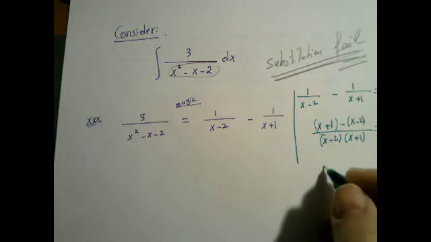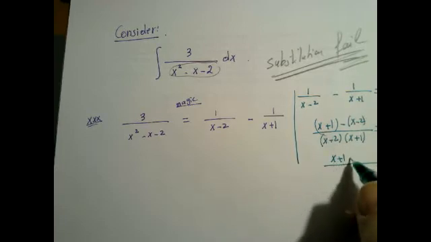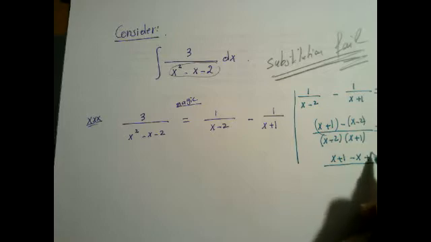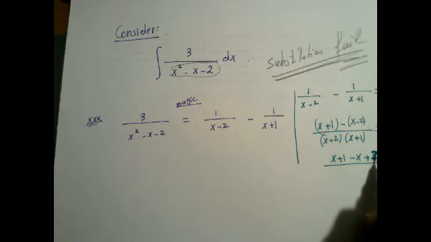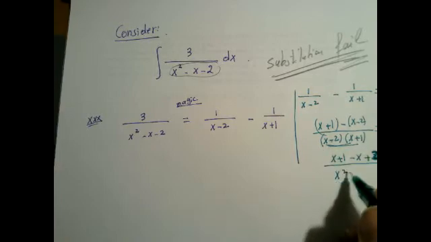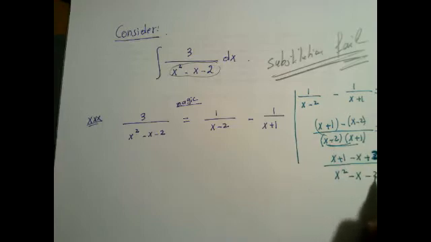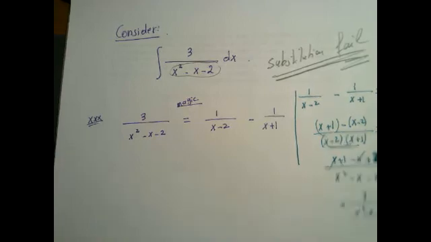So if I find a common denominator, let's see what I get: x plus 1 minus x plus 2, which is 3. And here, if I distribute, I will get x squared plus x minus 2x minus 2. So this would give me 3 over x squared minus x minus 2.